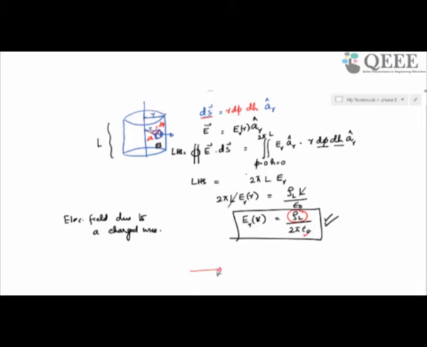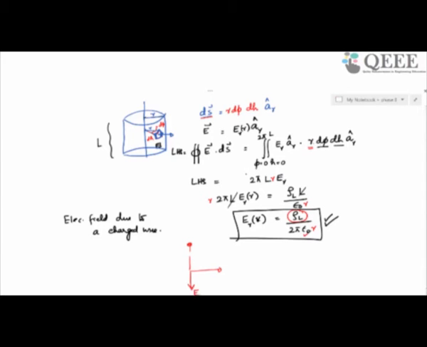So, if E3 is the electric field due to this conductor, I can calculate, well, I made a mistake here. The mistake I made is, I should have this R here. I forgot this R. So, there is an R here, there is an R here, and an R here. It's important to have that R because otherwise the electric field will be a constant. That's not the case we know.